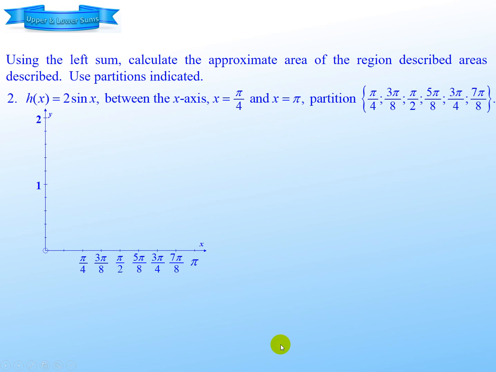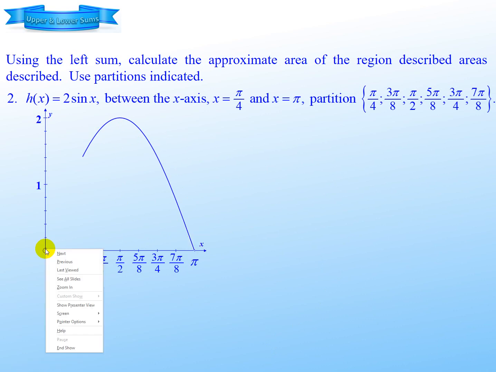So, having a look at this. There is our sine graph, 2 sine x, amplitude 2, so it goes up to 2, 0 at pi by 2, pi, which is 180 degrees, and it'll be 0 at 0 if it was there. All right, like that. So we're going to form partitions, left sum as well.